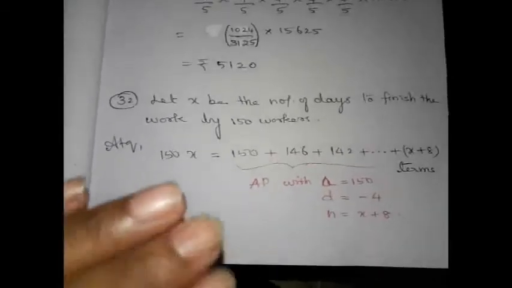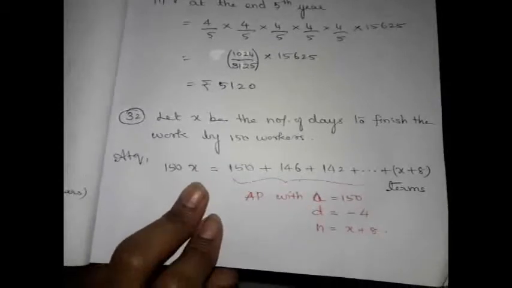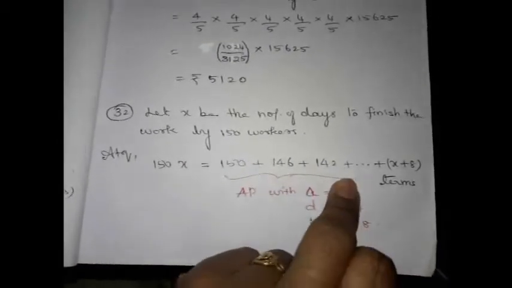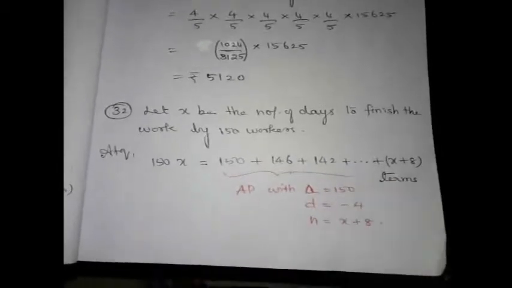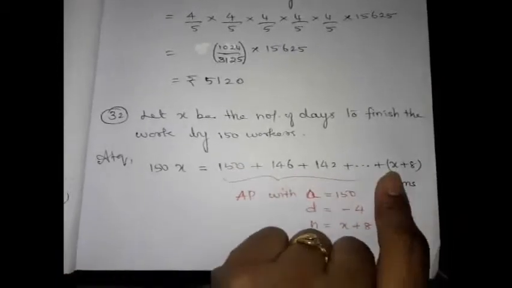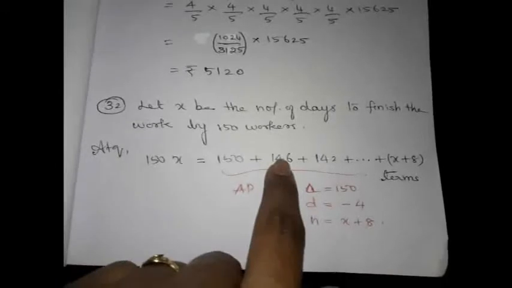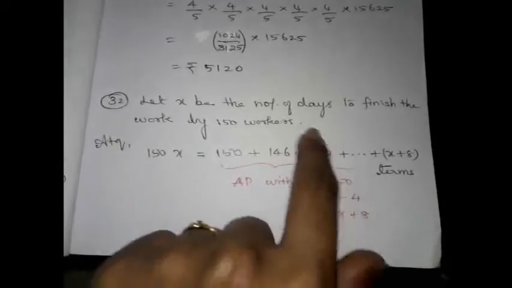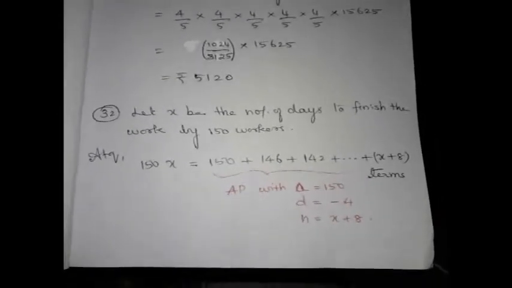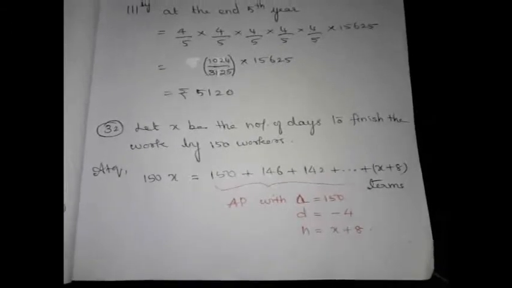So the task completed by 150 workers in X days is the same as completed by these workers in X plus 8 days. So this is clearly an AP with first term 150, common difference minus 4, because it is 146 minus 150, 142 minus 146, and n is X plus 8. If you apply the Sn formula, you can solve for X.